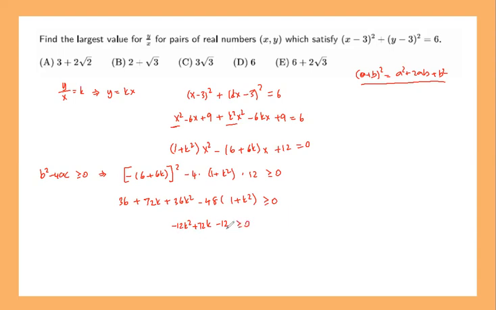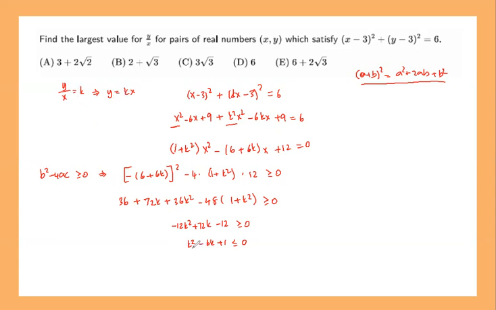Since we can divide by 12, let's divide by negative 12. So k squared minus 6k plus 1. Since we divide by a negative, we change the direction of the inequality, so this will be smaller than or equal to 0 if you want to get real values.